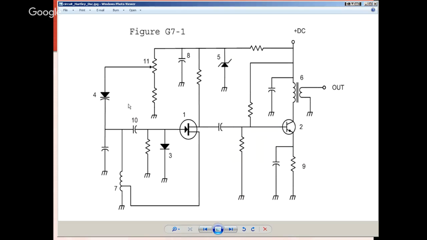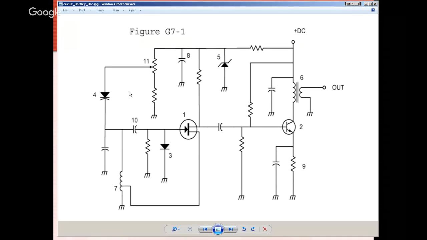I think it's correct in the book, if I understand this schematic properly. Pretty sure it's correct in the book, but not on the schematic diagram, so that should actually be flipped around. However, this whole diagram is what's called a Hartley oscillator, and this particular symbol right here is a varactor.